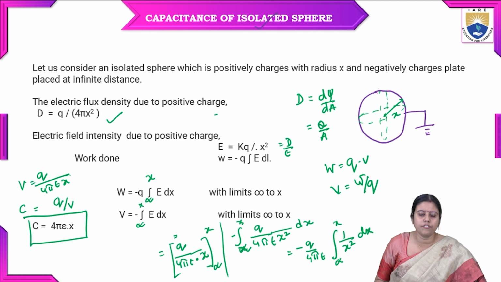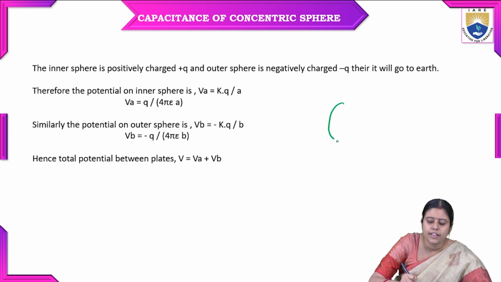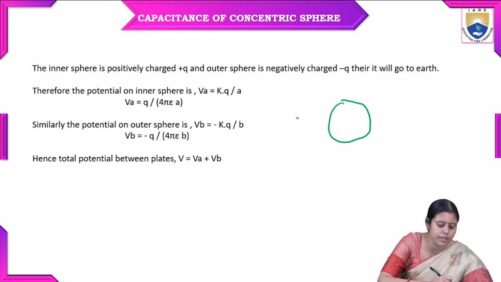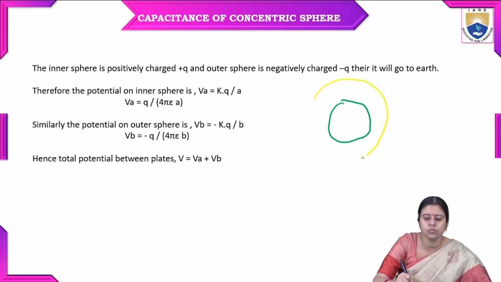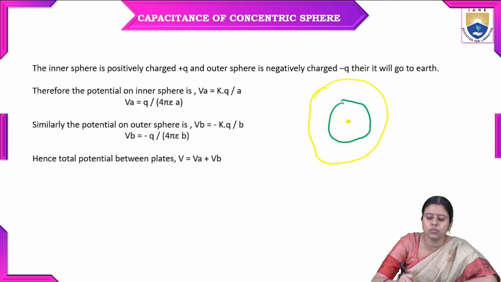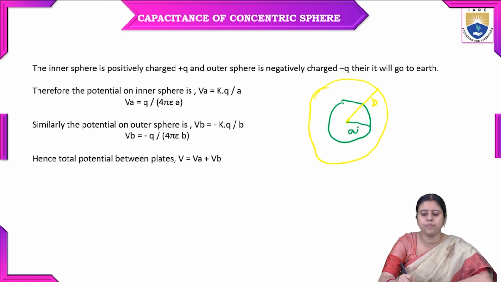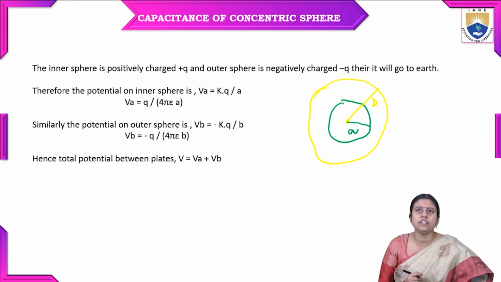Next important question from this chapter is capacitance of a concentric sphere. Concentric means there are two spheres, sphere 1, and we are taking another sphere, sphere 2. Both have the same center, and we took the radius of the yellow one as B, and the radius of the green one as A. So the inner sphere is positively charged with plus q.